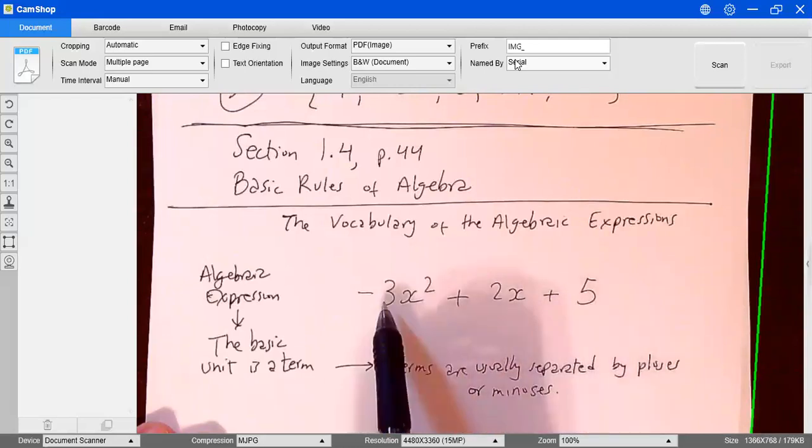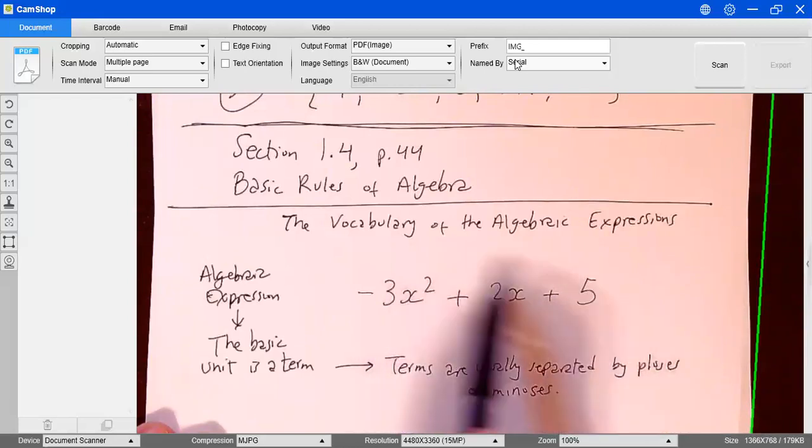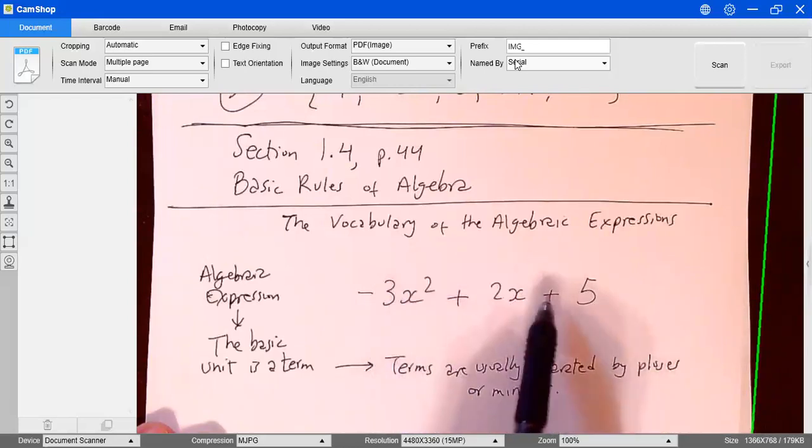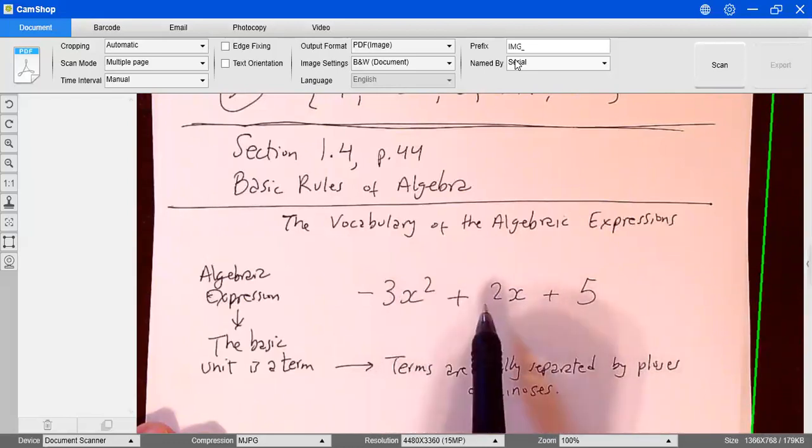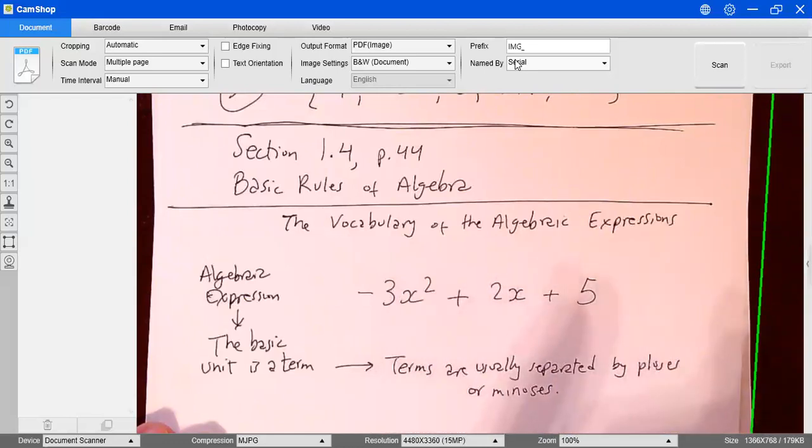So this is an algebraic expression, but the algebraic expression can be broken in pieces the same way that you can break a molecule in pieces. So you remember the atom is the basic unit of matter in chemistry, or the cell is the basic unit of an organism in biology.